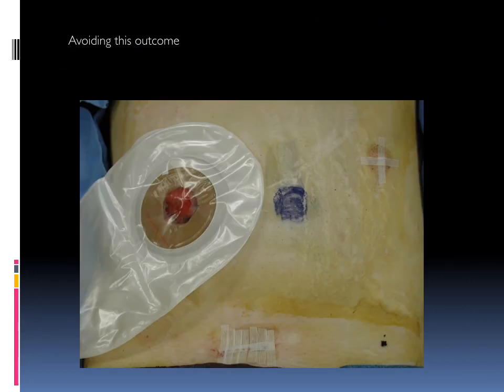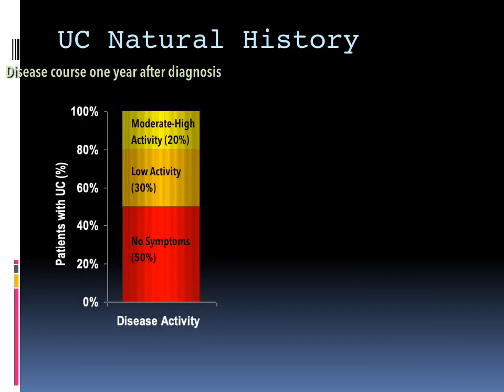This is an outcome that we try to avoid. The stoma, that's something that we always try to avoid, and we have to base our judgment on the natural history of the disease.